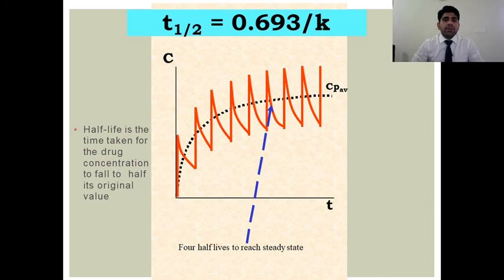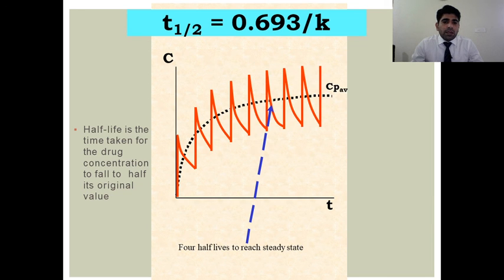Now with the graphical representation, we'll try to understand what the steady state plasma concentration is. You can see this red line pattern. On the y-axis the concentration is represented, and on the x-axis time is there. When we administer the dose, the red pattern is observed, and these fluctuations are obtained after the administration of various doses.